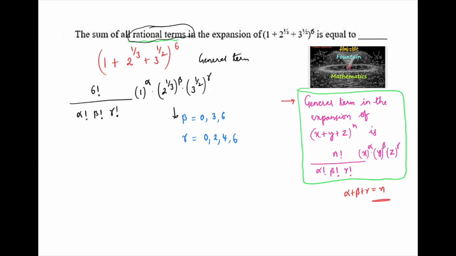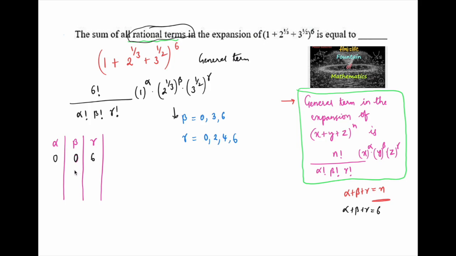So let us consider the table of α, β and γ. If we consider β equal to 0 and α also 0, then γ can be taken as 6, because α + β + γ must be equal to 6.